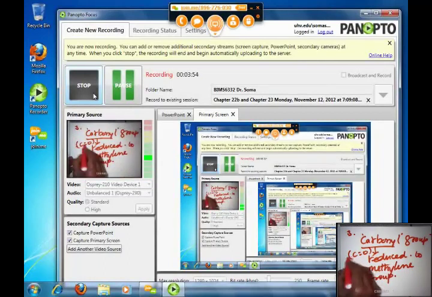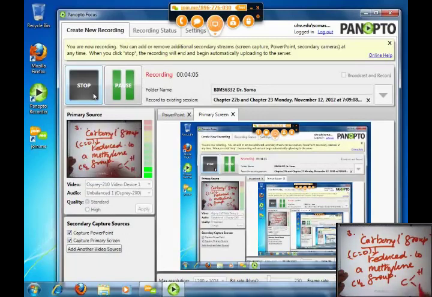Imagine the carbon has 2 valencies binding to oxygen. Those 2 bonds are going to be 2 hydrogens. So the double bond becomes single bonds attached to one hydrogen and another hydrogen, and this is called a methylene group. So the carbonyl group is reduced to a methylene group. That is step number 3.